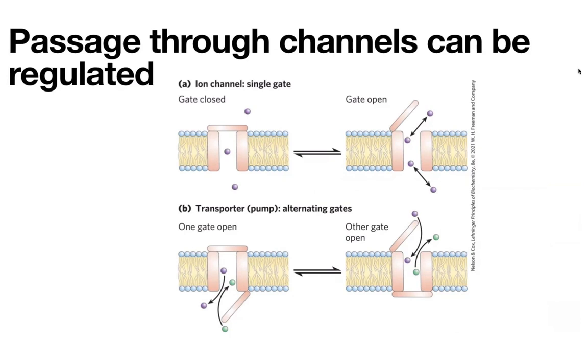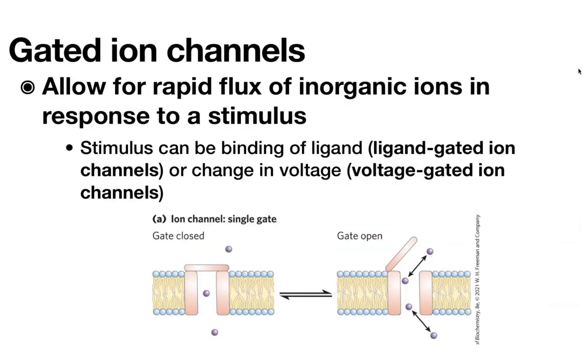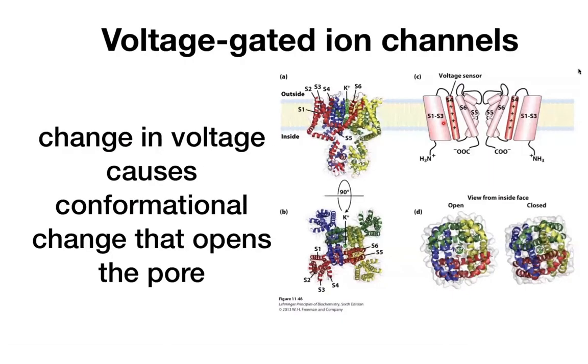This way you're able to keep that gradient going because if things just diffused freely in and out and you weren't taking things away, you'd just reach an equilibrium where your gradient would be gone and there would be no desire to move anymore. So those channels can be regulated, and can therefore maintain these gradients, preventing things from coming in until you want them.